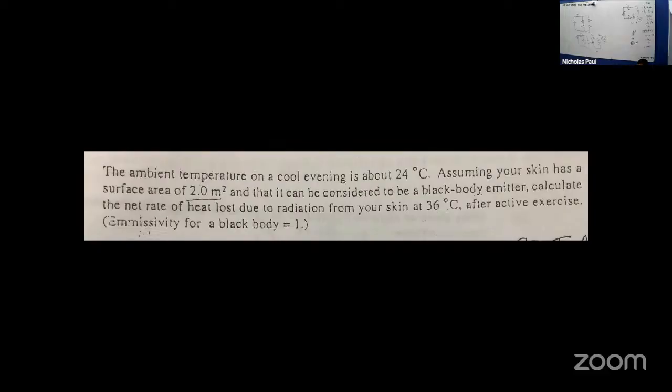Oh, temperature must be in Kelvin. Try this here. Temperature must be in Kelvin.